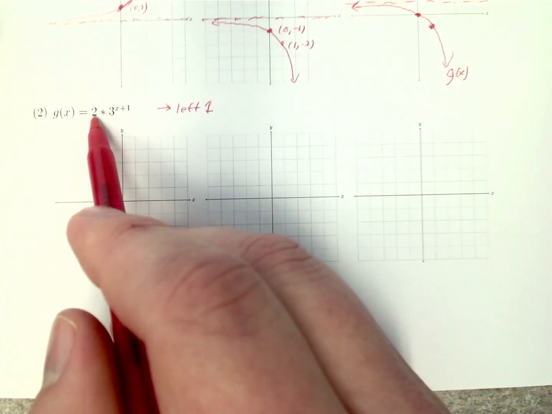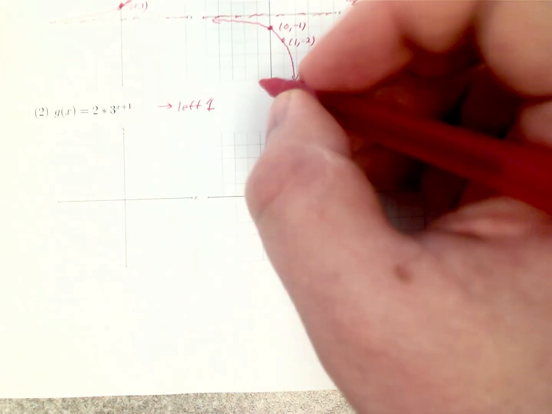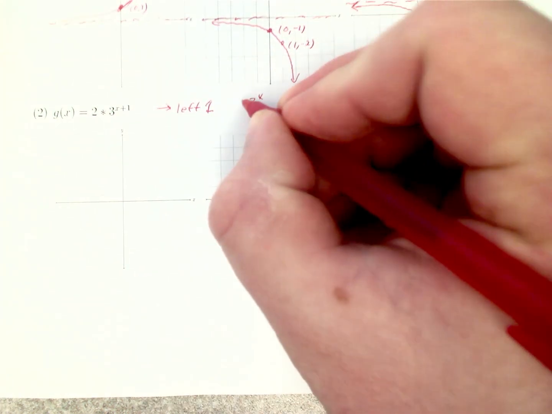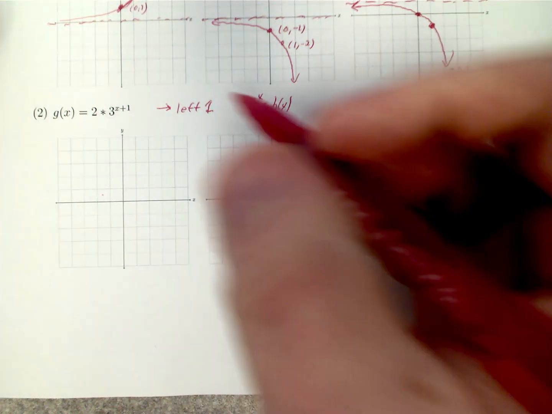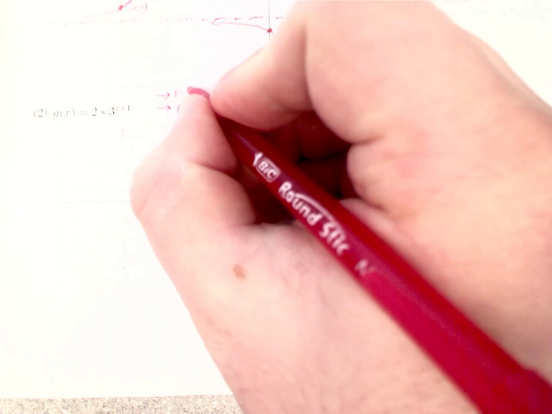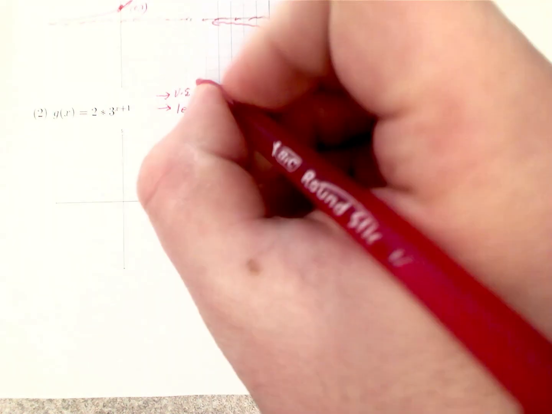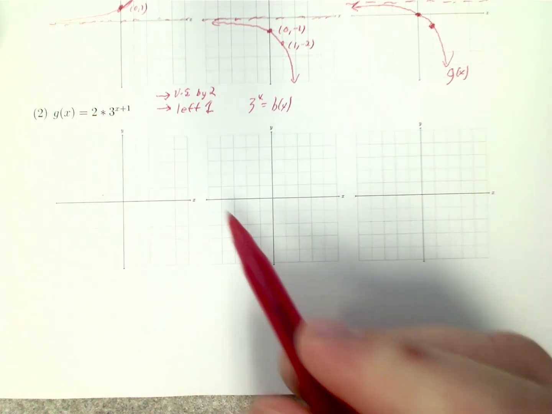And then further, we have multiplied by 2. Again, that's outside the main base function. In this case, 3 to the x is our base function. And since it's being multiplied on the outside by 2, it's a vertical stretch, so it affects the y values.